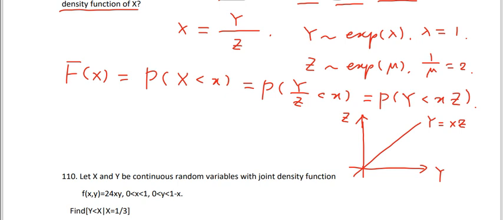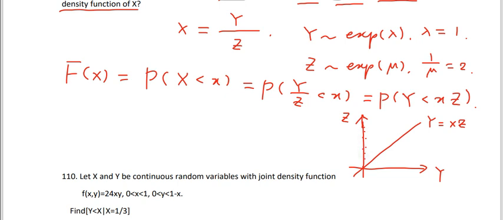Here we need to be careful, because this line splits the first quadrant into two parts. So we need to determine which part. Here y equals 0, this line, here y is 0.